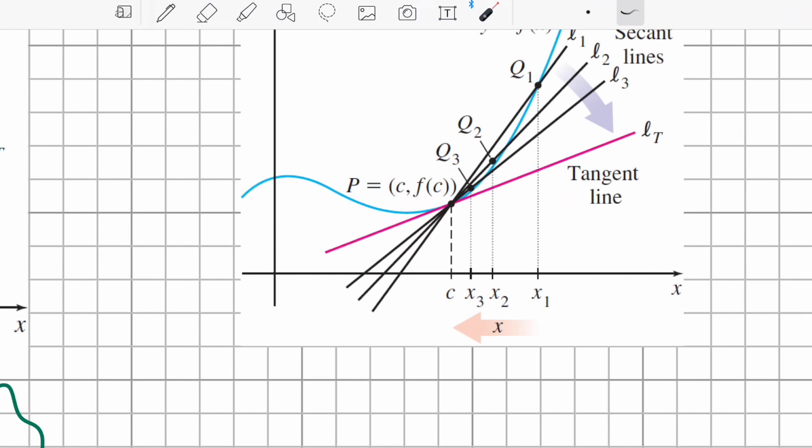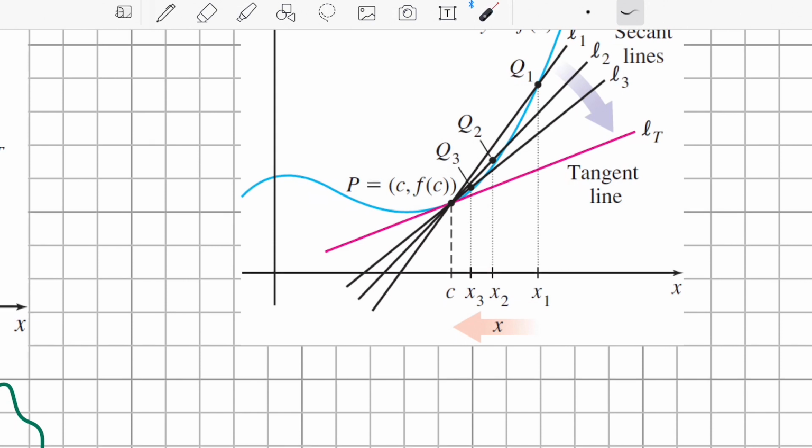So if the limiting position of the secant line is the tangent line, then the limit of the slope of the secant line should equal the slope of the tangent line. What that means is this: as x is approaching c, point Q is approaching P, and therefore the slope of the secant line is approaching the slope of the tangent line.